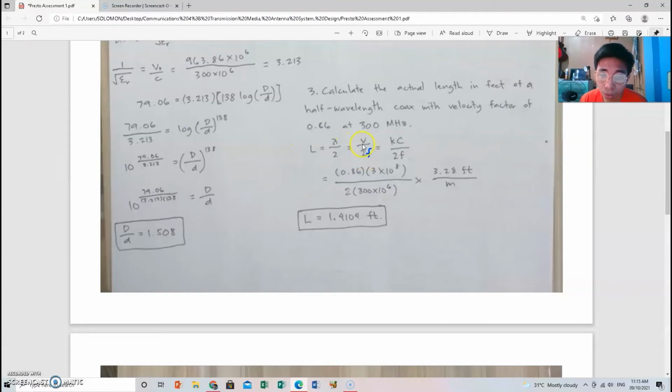And since the velocity is equal to the velocity factor times the speed of light, we have kc over 2f.